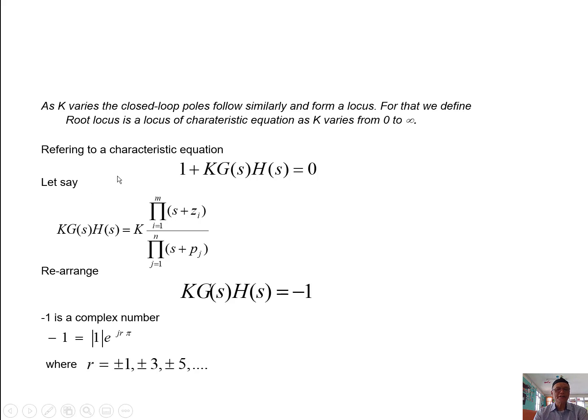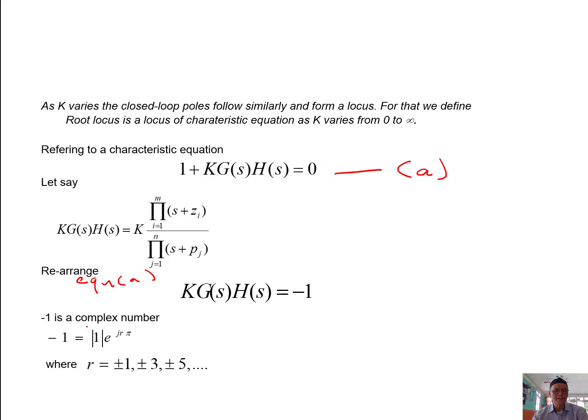Okay. So let's say that KGH is equal to K times the product of all the zeros over the product of all the poles. So it will depend on the value of G and H. If we rearrange this equation, let's name this equation A. If you rearrange equation A by putting the 1 on the right hand side, we get KGH equals minus 1.